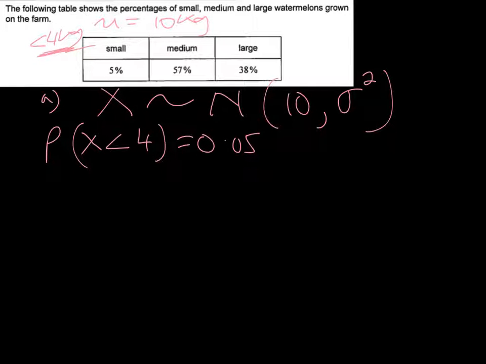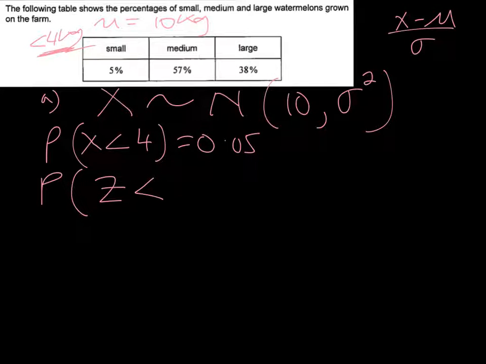Here we are going to have to use the standard normal distribution. Remember we use the letter Z to represent that, and we can find it using the formula x minus mu over the standard deviation.